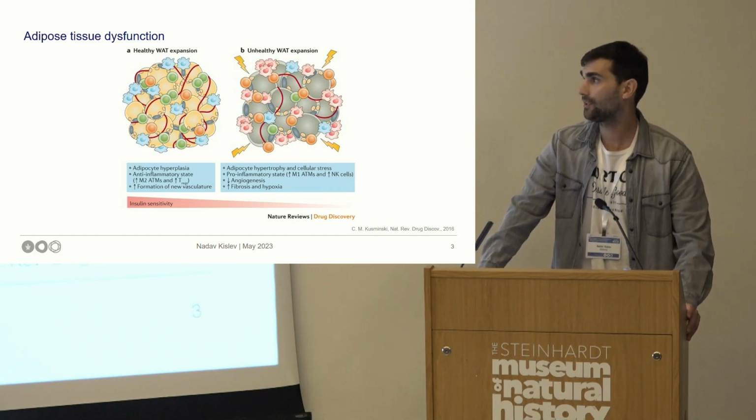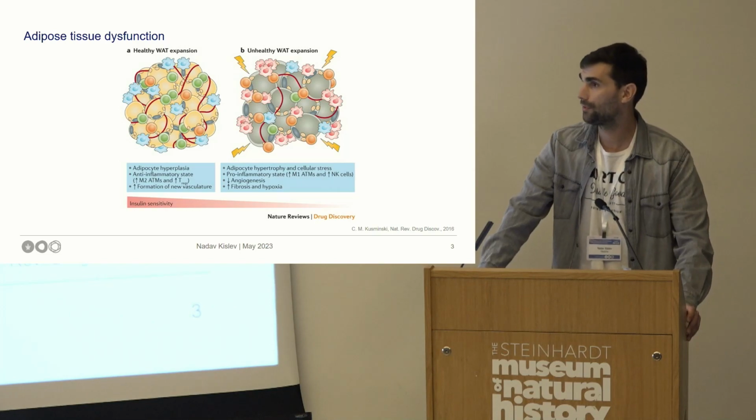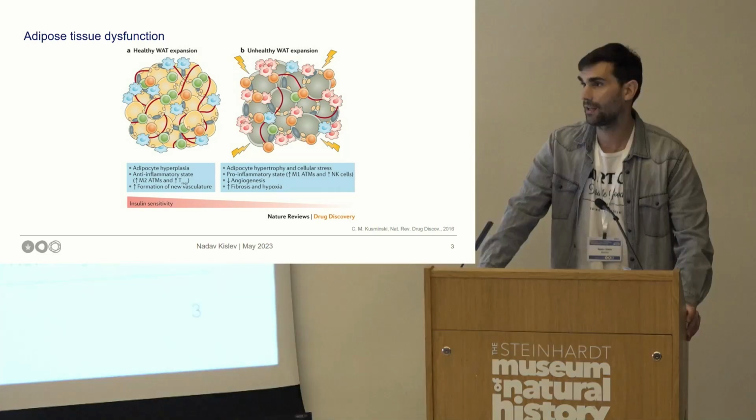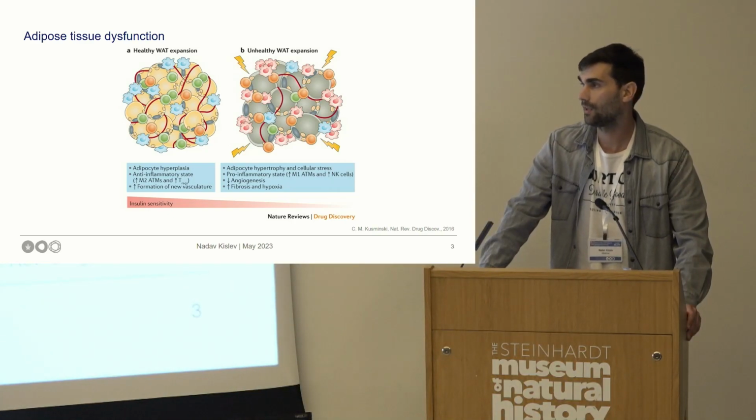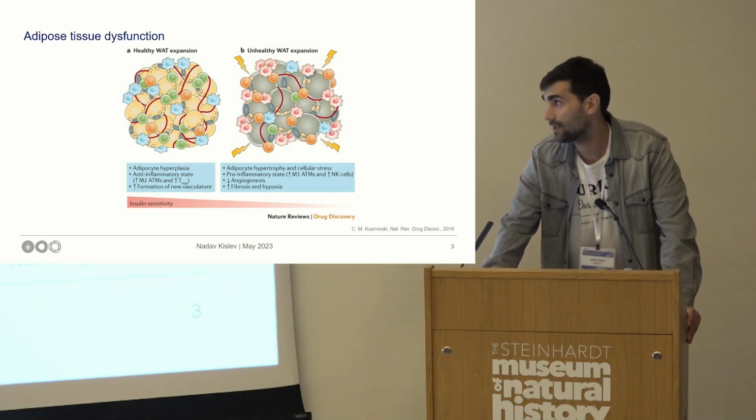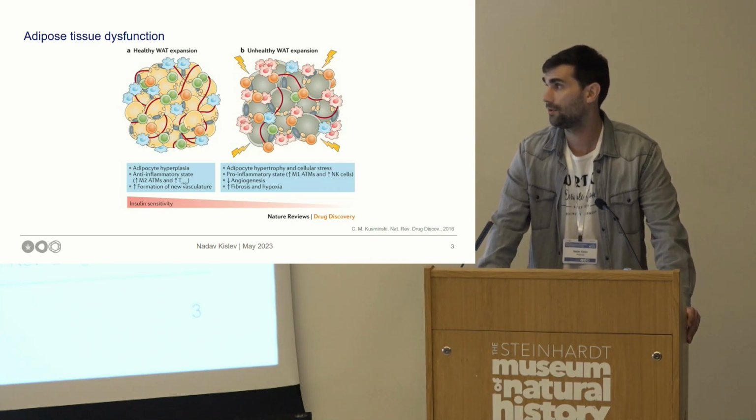Those hypertrophic adipocytes also secrete pro-inflammatory factors that can further change the dynamics in the tissue, lead to infiltration of pro-inflammatory cells, change the immune phenotype of those cells, and of course alter the cytokine milieu as well.